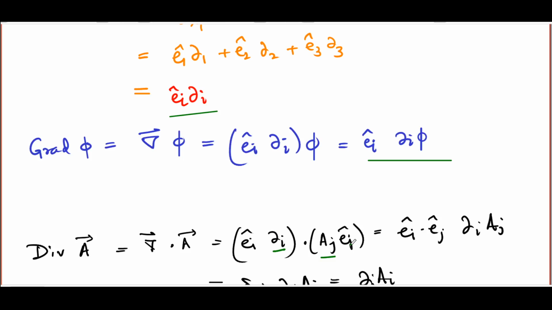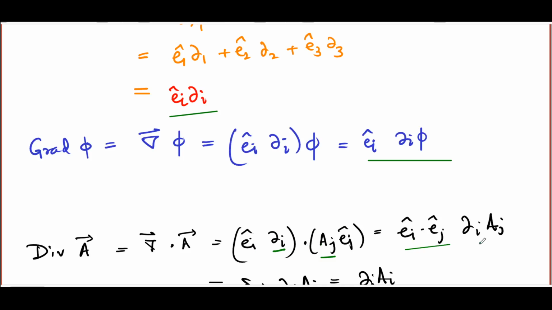However, e_j can be taken to the front simply because e_j's are constant vectors, del_i's don't really act on them. Or if del_i acts on e_j, you get a 0. So e_j can be simply pulled out along with a dot sign.